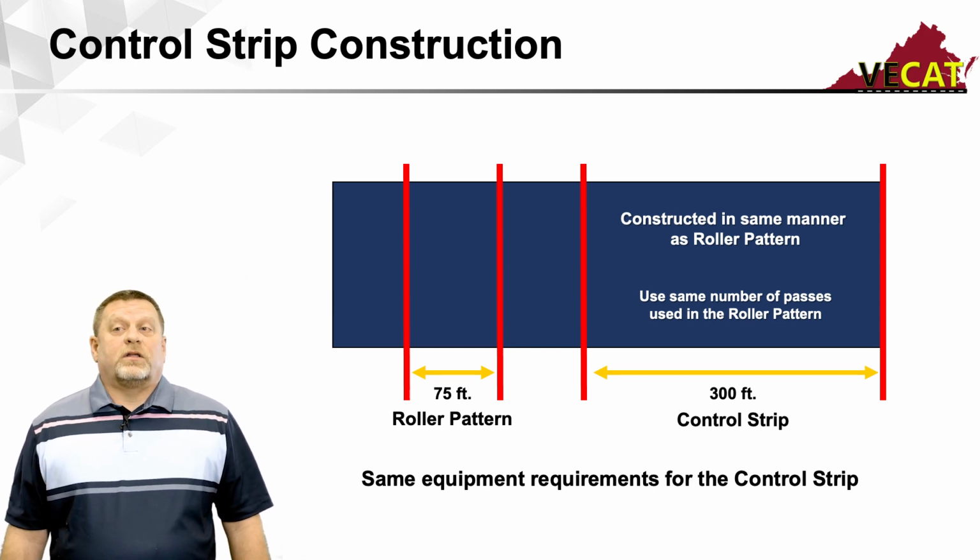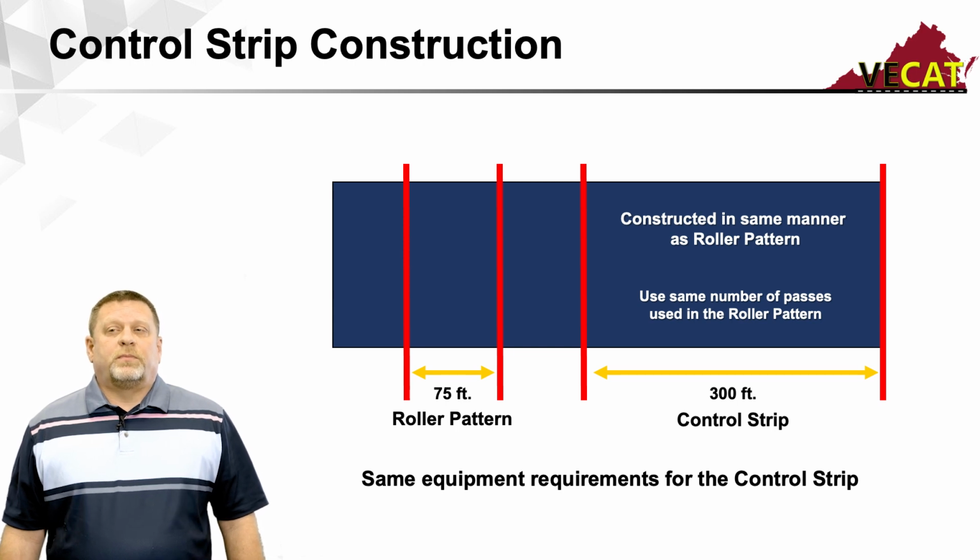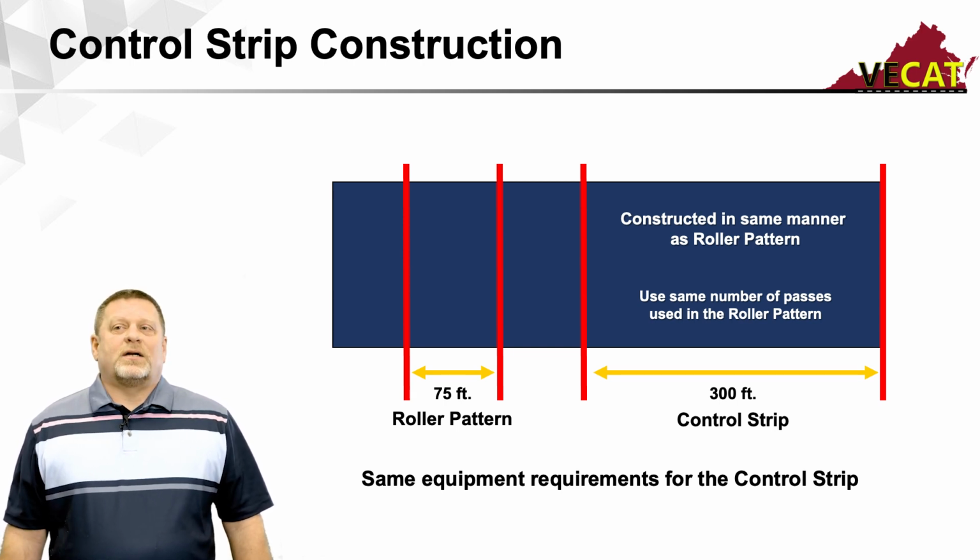Now we actually start the control strip. The control strip will be 300 feet long and is full pavement width. And we're going to construct this in the same manner as what we've done with the roller pattern. In other words, the roller pattern determined optimum density, whatever number of passes, how many vibratory passes, how many static passes that took, with the same rollers, the same paver.